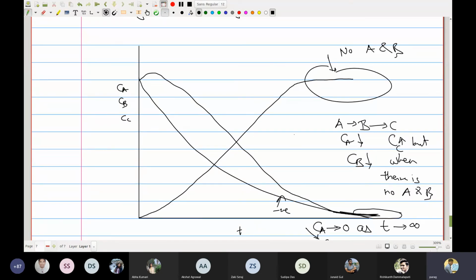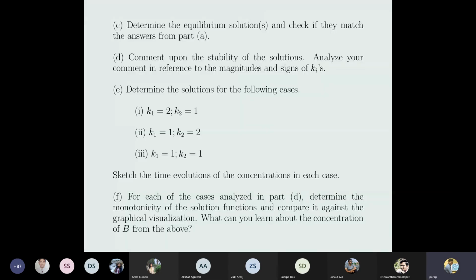Cc obviously also will be asymptotic, but there is no dynamics for Cc going on in this region, and that is what is indicated by the eigenvalue 0. That the system has rigidity. It is neither squeezing, neither converging, nor is it blowing away. So this is the significance of Cc. And the system is inherently stable.